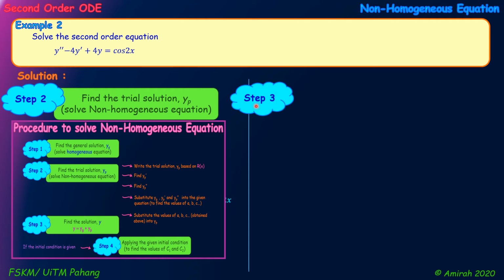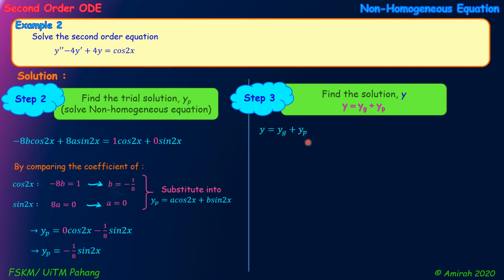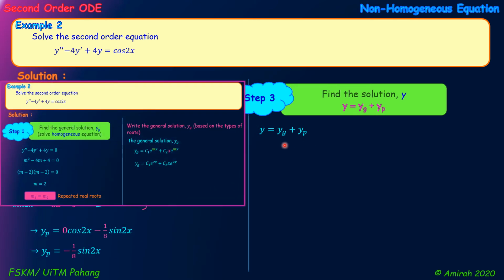We recall our yg from the previous slide, which equals C1 e to the power of 2x plus C2 x e to the power of 2x.